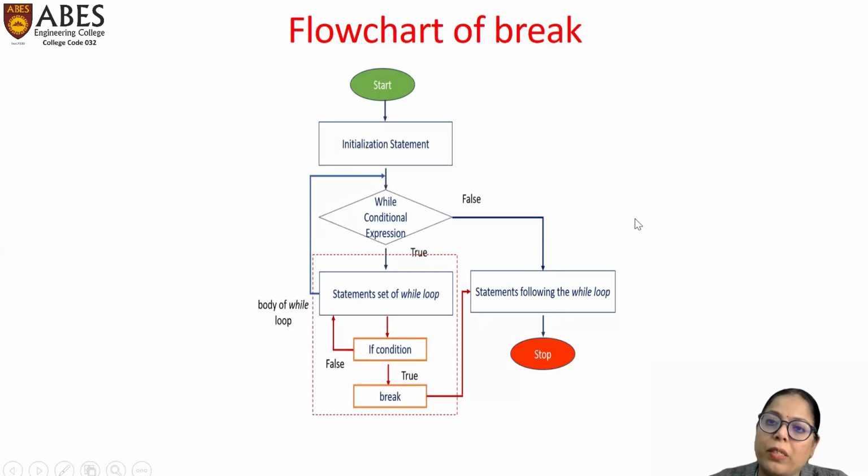Now we can have a better understanding of how the break statement exactly works with the flow chart. First we start, and here we have initialized the statement. We are using this break statement in a while loop. After initializing, we will check the condition of the while loop.